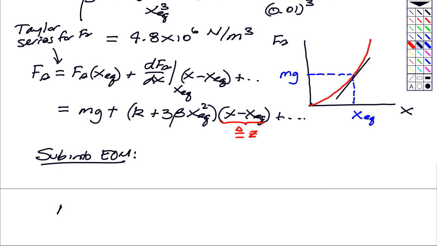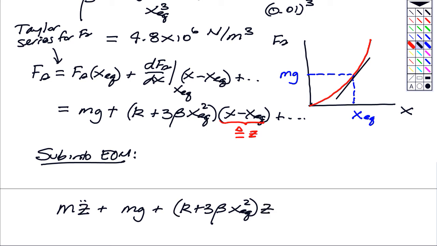What I get is m z double dot plus mg plus k plus 3 beta xeq squared times z is equal to mg.